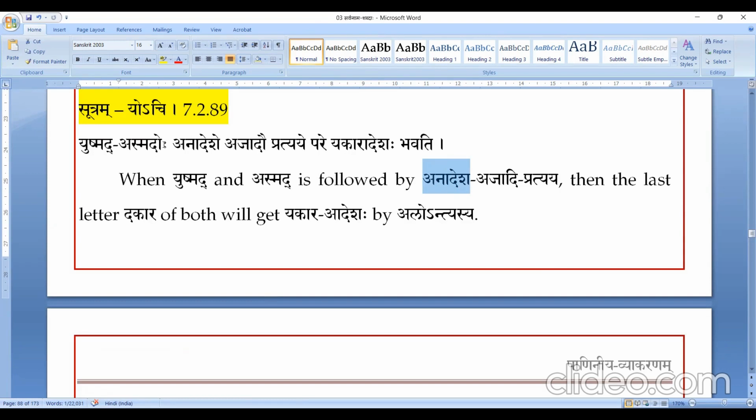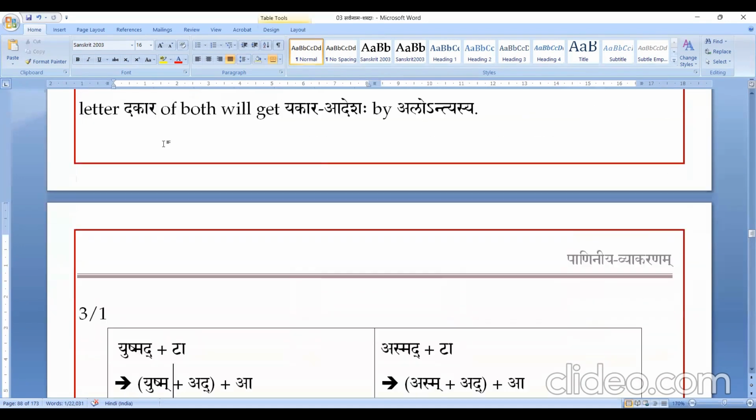Yakara Adesha happens for Yushmad Asmad. The Dakara of Ad of Yushmad. So Dakara of both Yushmad and Asmad will be replaced by Yakara Adesha by Alontasya Paribhasha.